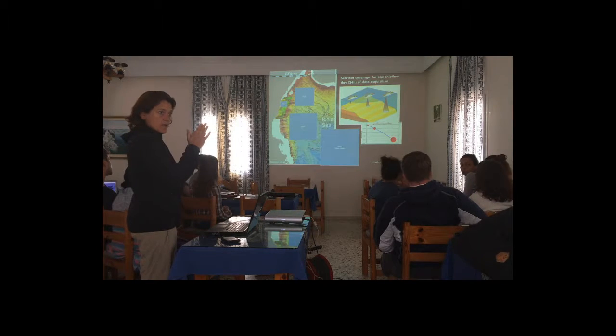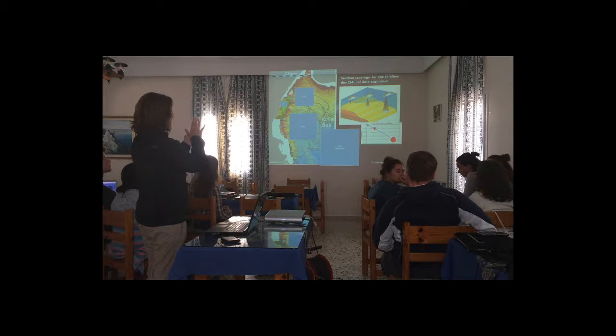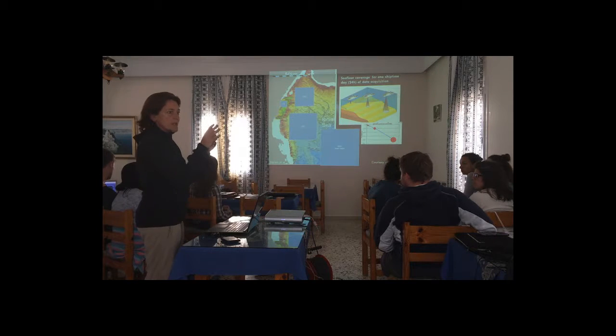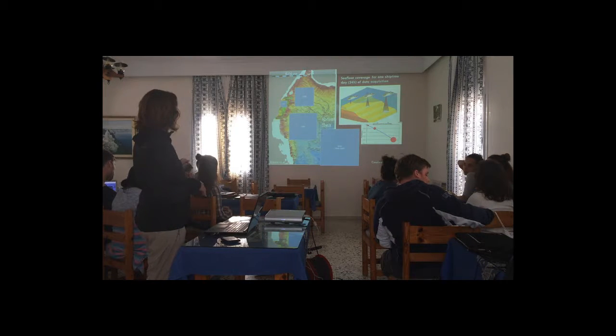But the resolution doesn't change. Actually, the resolution also changes. This is just to explain the topic of coverage per day, regarding how much seafloor you can cover with the system.